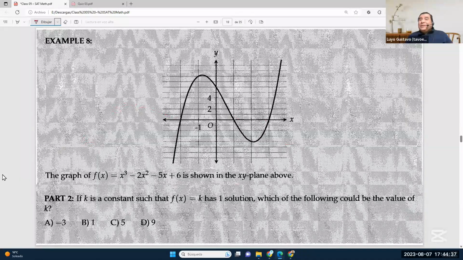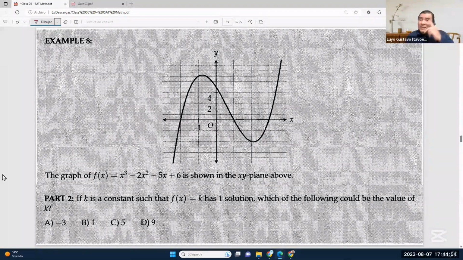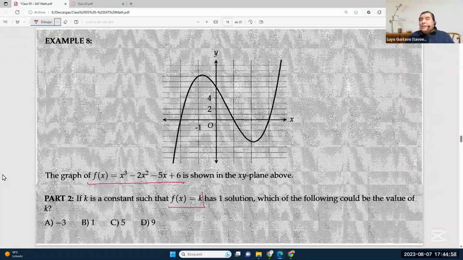If they tell you that there is a graph of a function and they tell you solve what is the solution for f of x equals k, f of x equals k means find the number of intersections, okay? The number of intersections between the function f and the line y equals k.